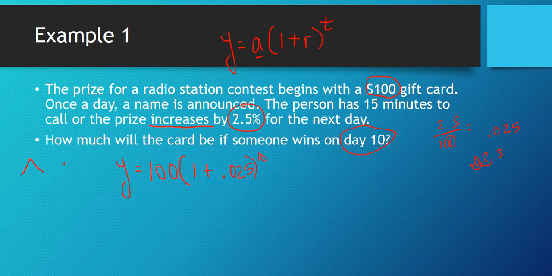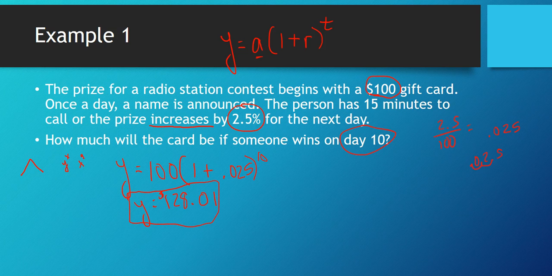Some of you have a y to the x or an x to the y, so make sure you know where those are in your calculator. Exponent of 10. So I got $128, and since it's money, I'm going to round to the nearest hundredth, so it would be 1 penny, since it was 128.008. That's how much the gift card is worth after 10 days.